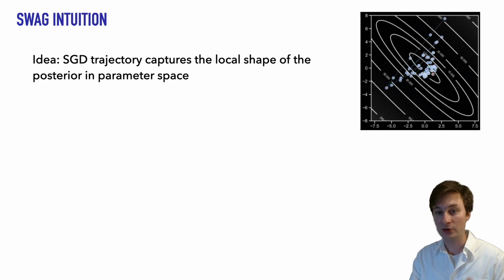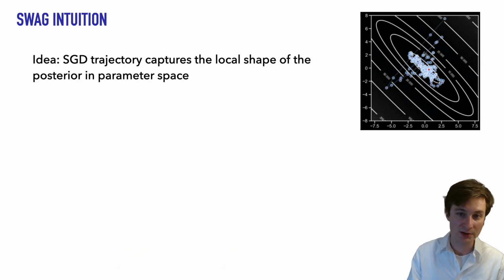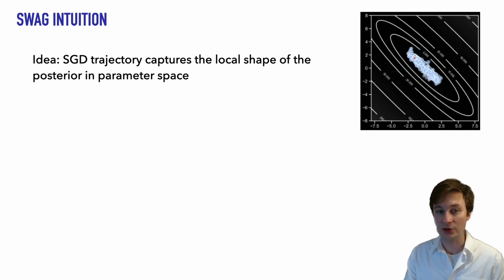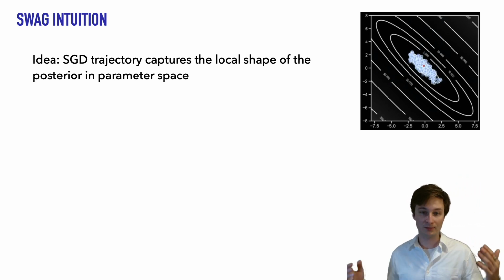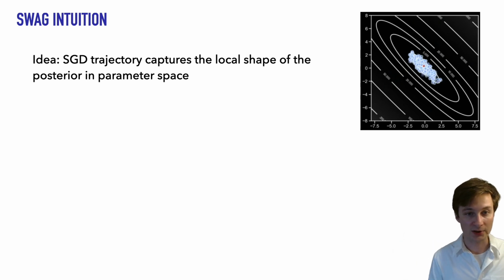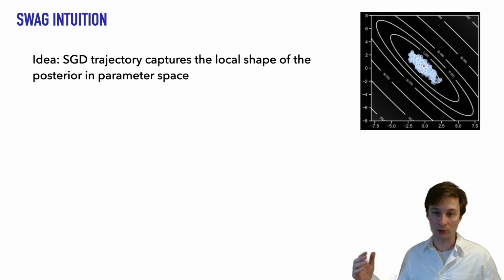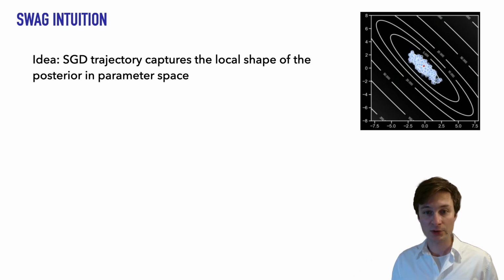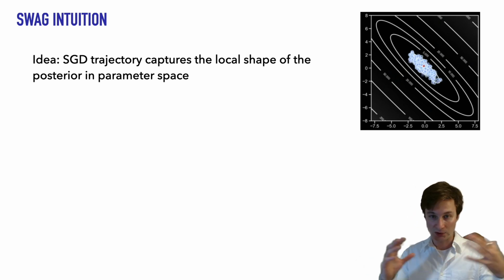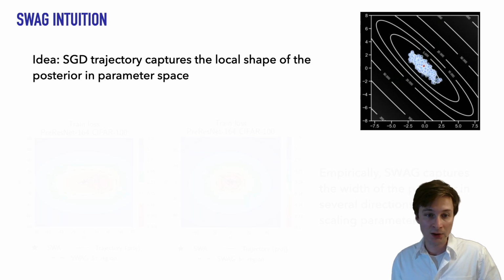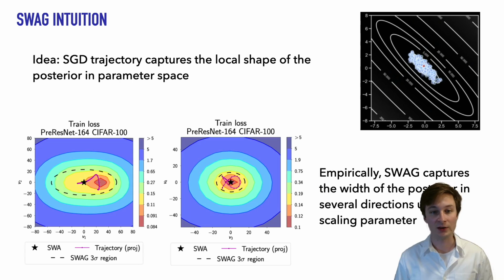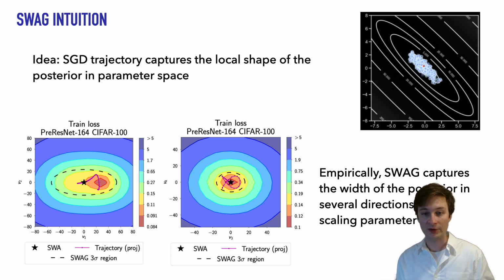And just to give a visual intuition for what it does, if you just run SGD with a non-decaying learning rate schedule, it captures the local shape of the posterior or of your loss function. And so SWAG is just trying to capture this distribution of SGD samples. And we find that empirically, if we make plots of the shape of the covariance that SWAG learns and also the shape of the posterior distribution, they match each other.